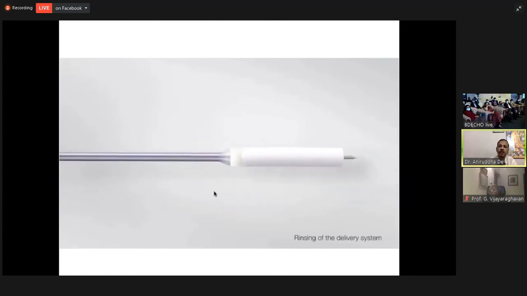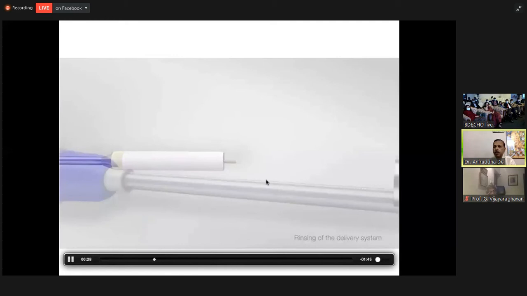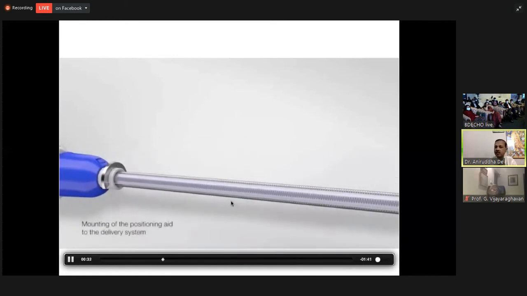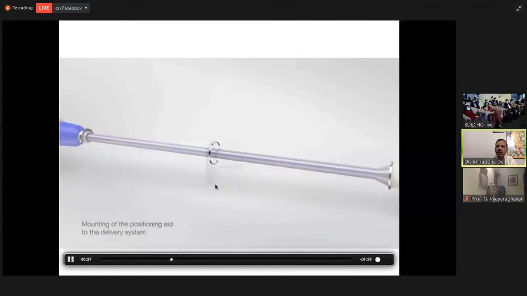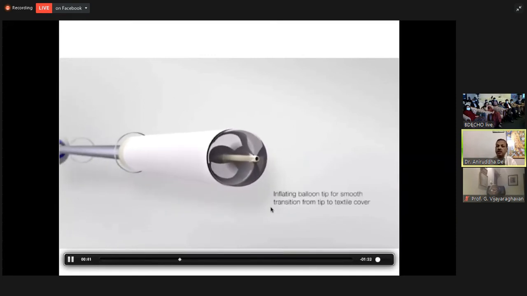First, you rinse the delivery system while preparing the device, and then you mount the position of the delivery system. This is the area you mounted it, and then inflation of the balloon tip for smooth transition from two tips.